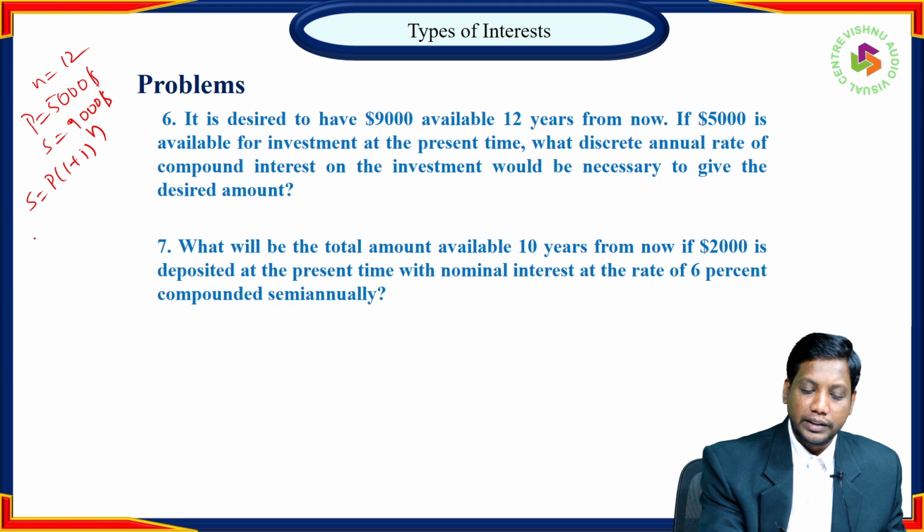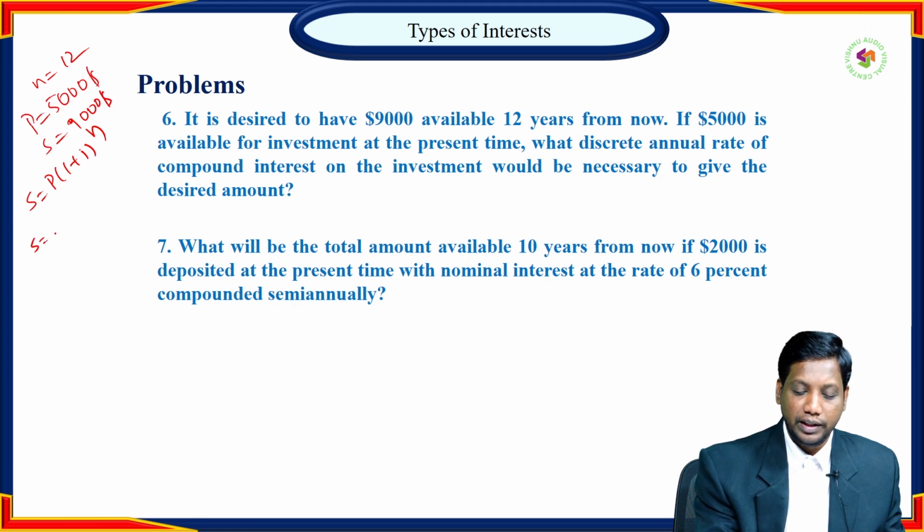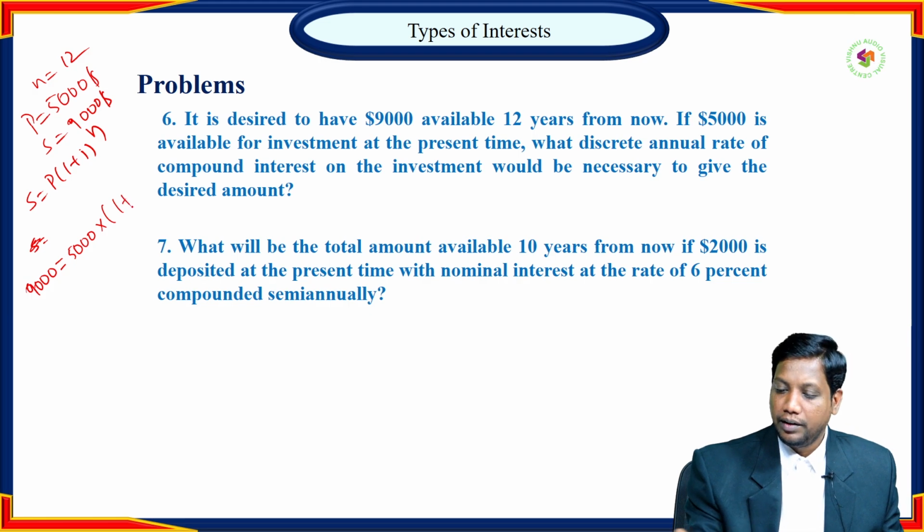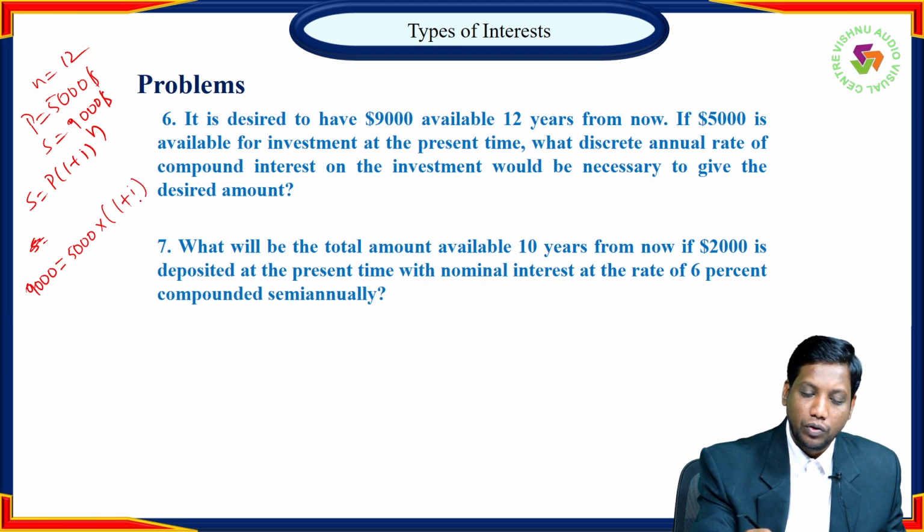So S equals P into 1 plus I whole power n. If you substitute all the components, 9,000 equals principal amount 5,000 multiplied by 1 plus I, which we don't know, whole power 12.